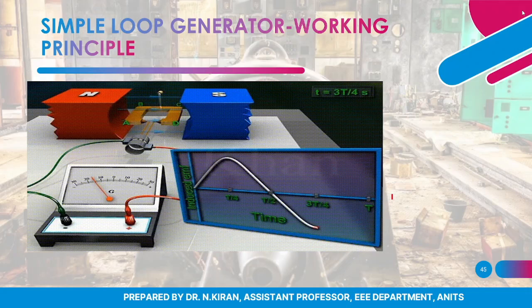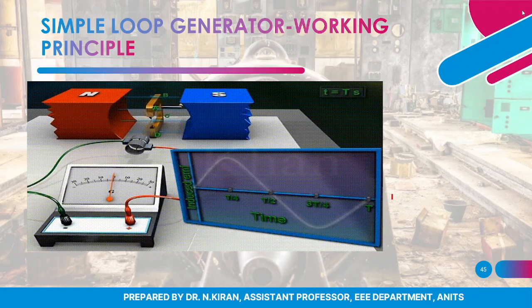And if I rotate by a further 90 degrees, you can see the EMF slowly return to 0 at time T. Observe the galvanometer also: initially my value was positive, it returned to 0, then went negative and returned to 0. So this is a small illustration of how EMF is induced in a simple loop DC generator.